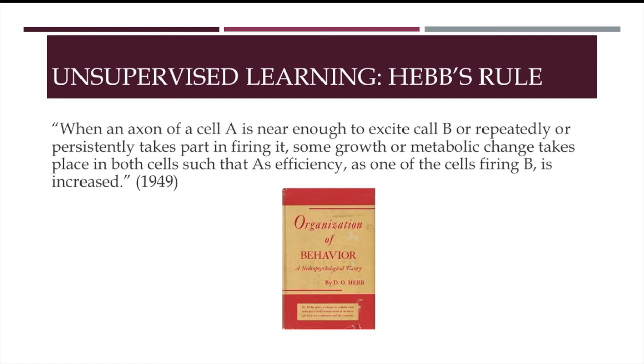So what he means is that the connection between two neurons might be strengthened if the neurons fire at the same time, right? Now, in a simple form, the rule says that the increase in the weight of the connection between two neurons is directly proportional to the product of their activations.